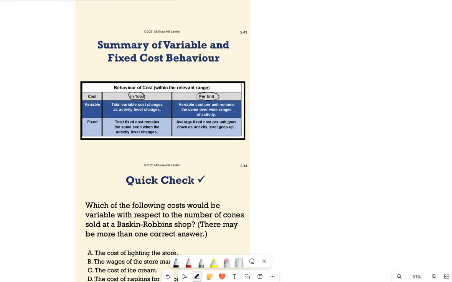Total variable cost changes as the activity level changes, and the variable cost per unit remains the same. For fixed cost, total fixed cost remains the same even though the activity level changes. The average fixed cost per unit goes up or down depending on the activity.